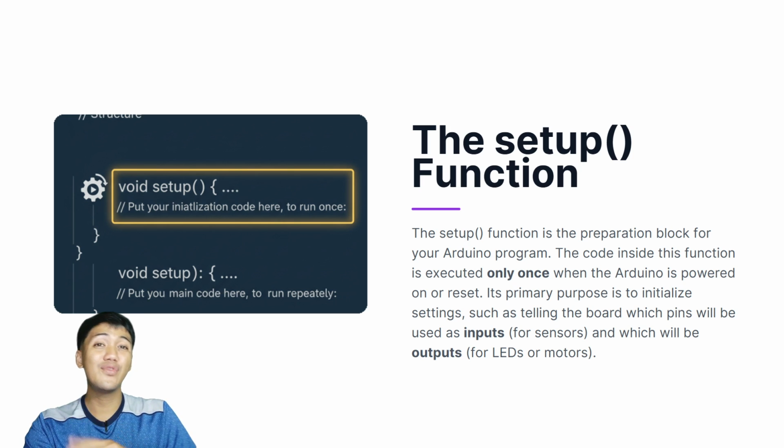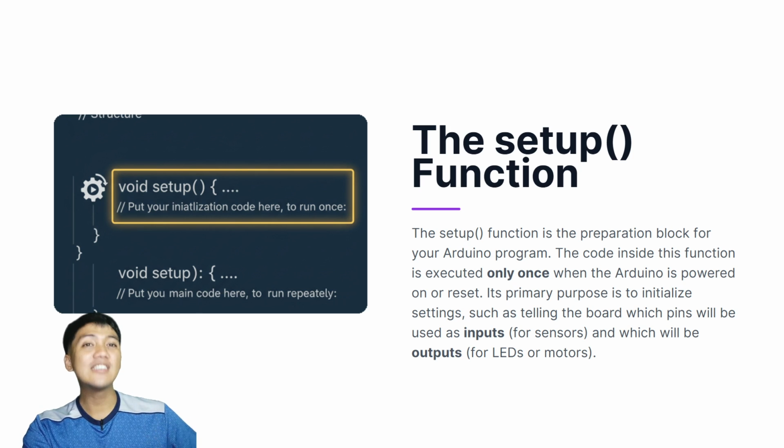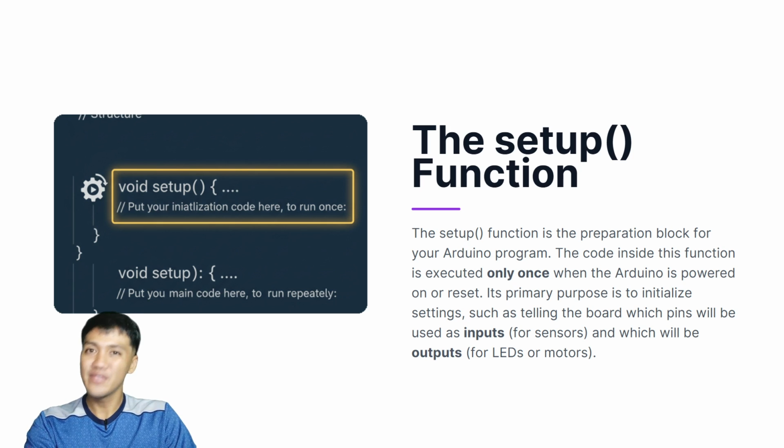And then every instruction that needs to be looped, that needs to be repeated so that the function will be done, that is in your void loop. Now, let's go to where all of these components are in.